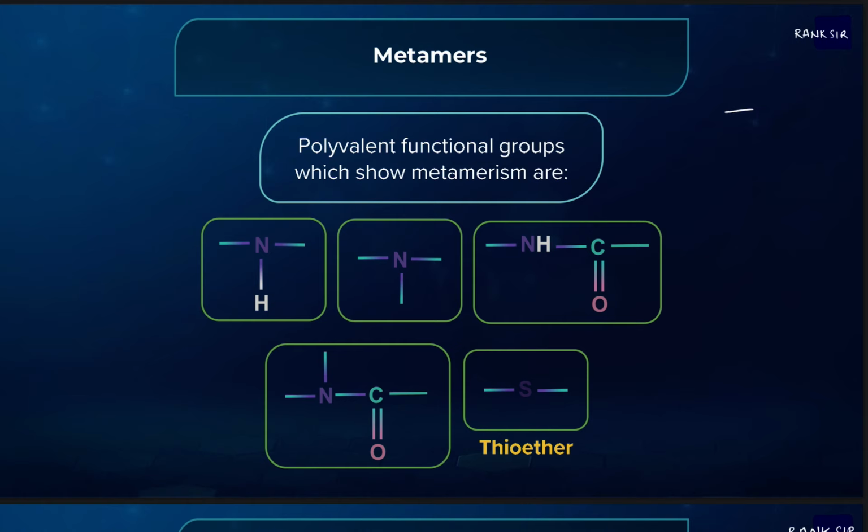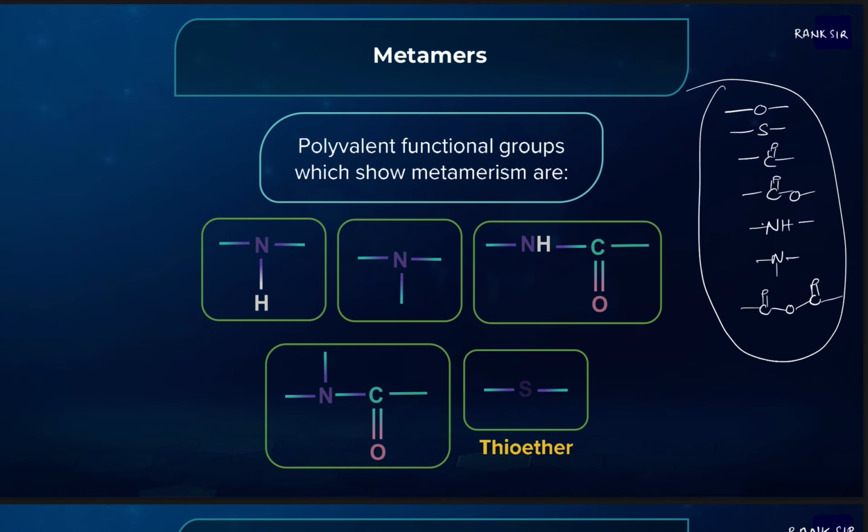For example, first ether, thioether, ketone, and ester, and amine, that is secondary amines, tertiary amines, and acid anhydrides. Like this, any such groups, these will show the metamers.